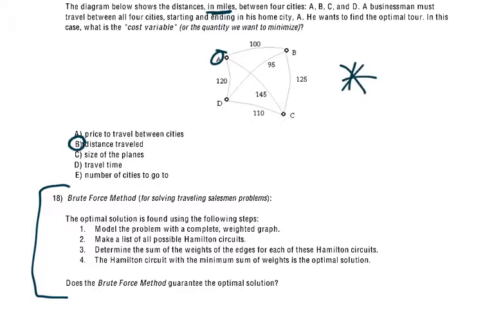You make a list of all the possible Hamilton circuits. You determine the sums of the weights for the edges of each of those Hamilton circuits, and then the Hamilton circuit with the minimum sum of weights is the optimal solution. Does the brute force method guarantee the optimal solution? Yes, because you'll see all of the solutions possible. And so it will guarantee that you get the optimal solution.